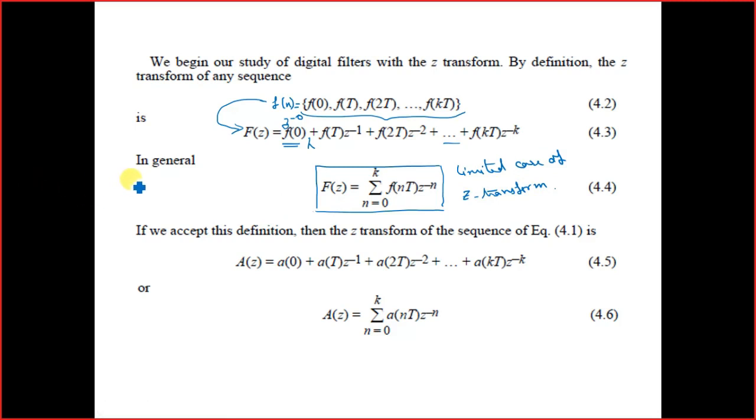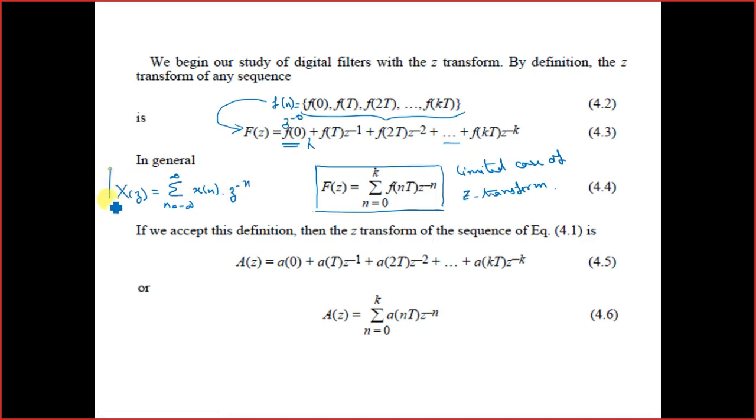From our previous chapter, we know that Z transform, for a signal x of n, is usually given by summation of n equals minus infinity to infinity, x of n z to the power minus n.